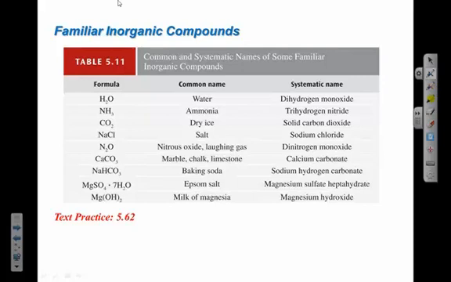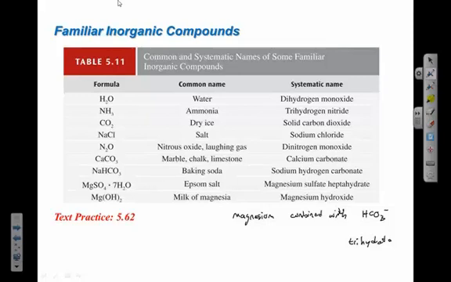I might say you've got magnesium combined with, since we're not memorizing the names of the polyatomic ions, I would have to give you a polyatomic ion. So I might say bicarbonate, which is an HCO3 minus. So that's a molecule that happens to have an overall -1 charge. So I want you to combine that with magnesium, and I want you to make a trihydrate. So what would the formula be for that?